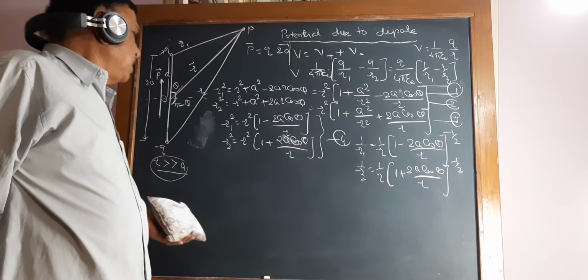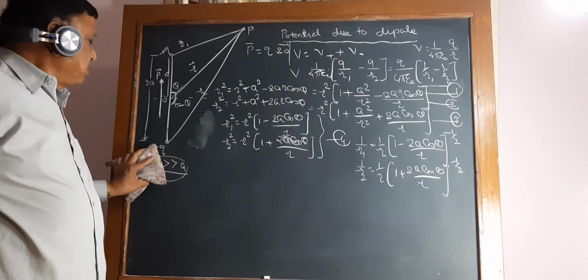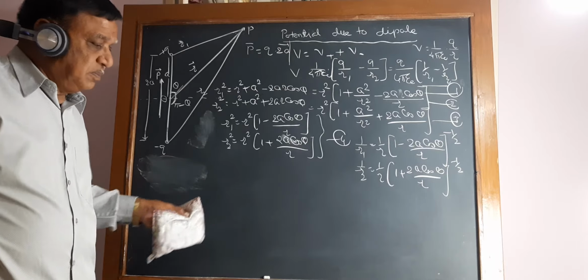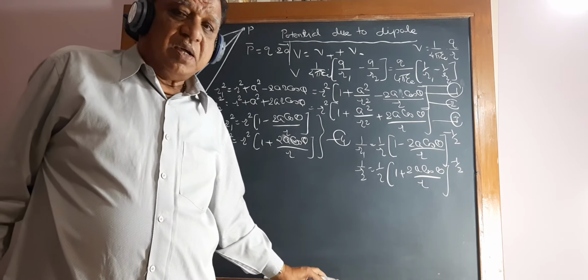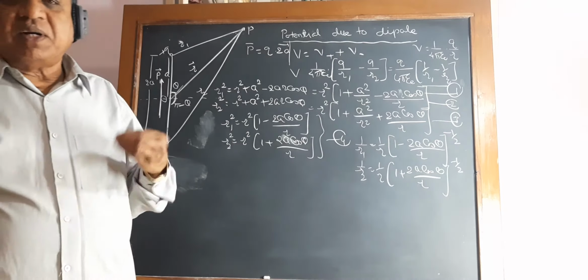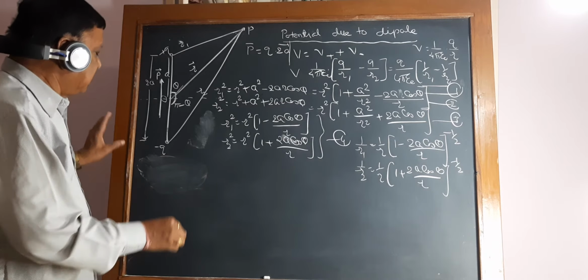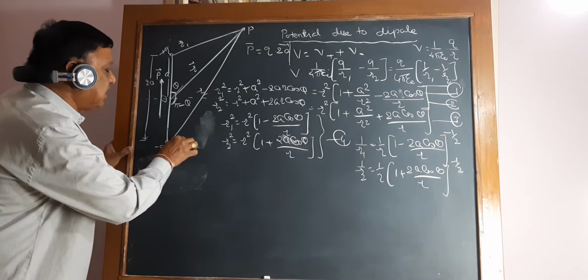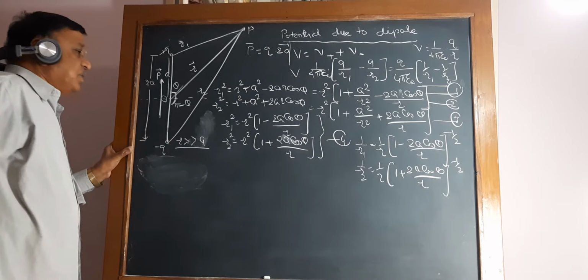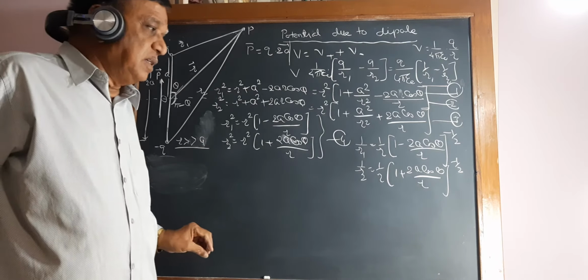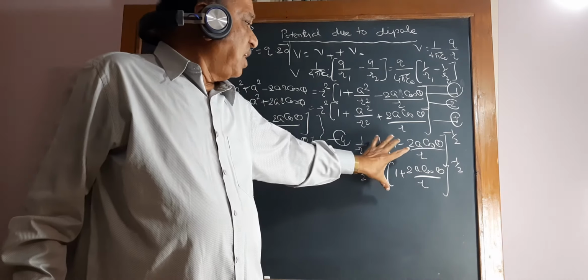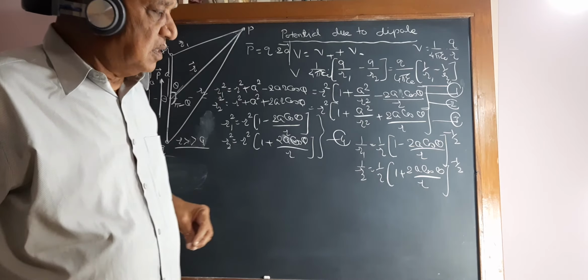Now using binomial theorem and neglecting higher order terms, as we have taken r is greater than a. For this condition, using binomial theorem, higher order terms can be neglected.